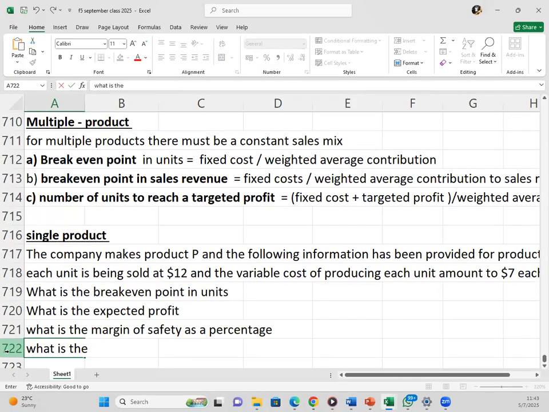What is the number of units required to reach a targeted profit of 82,000?